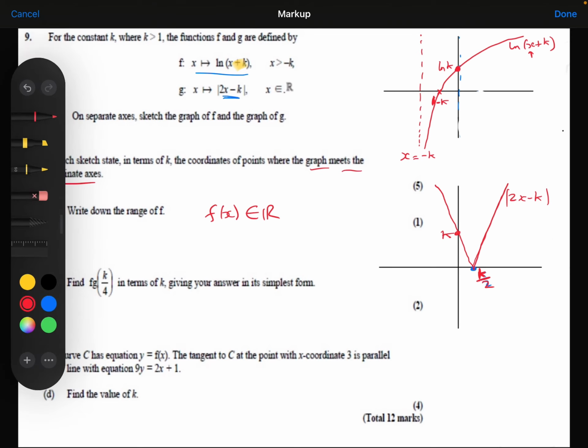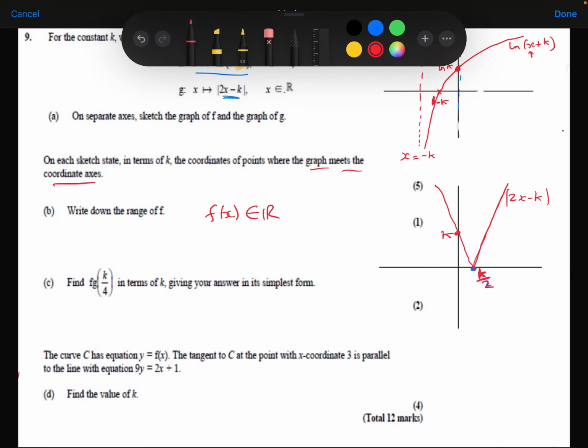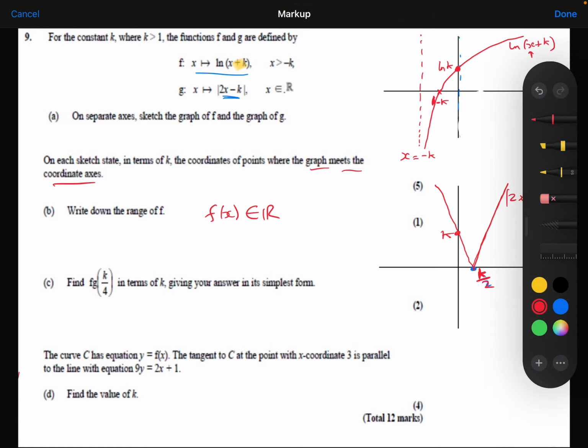Part C. Find fg of k over 4. So this is saying to substitute k over 4 into the g function first, and then take the answer and substitute it into the f function. So let's substitute the k over 4 into the g function.